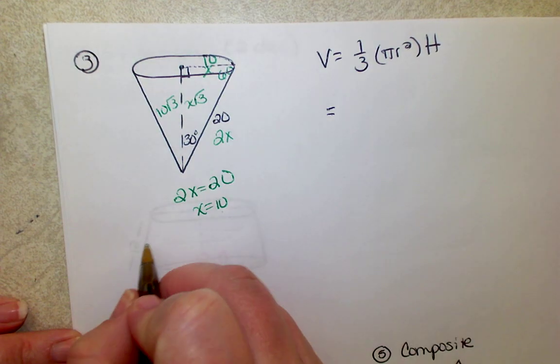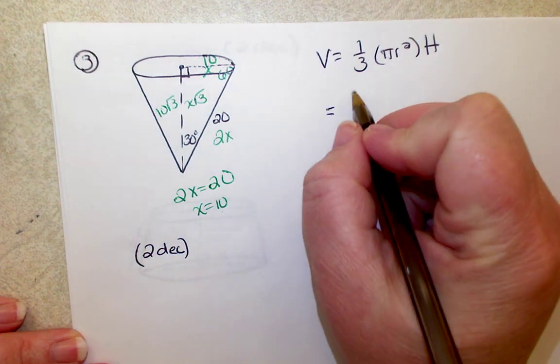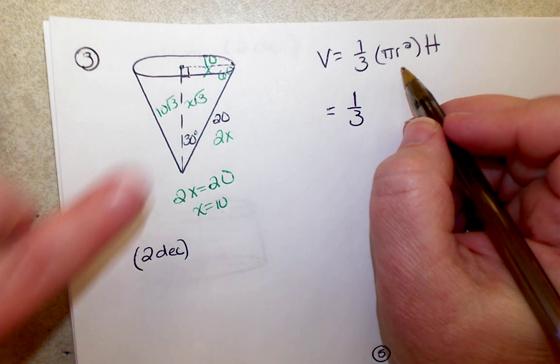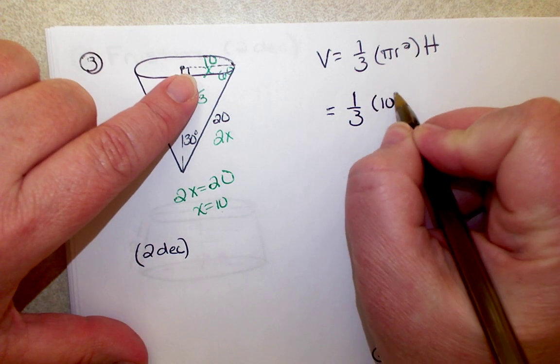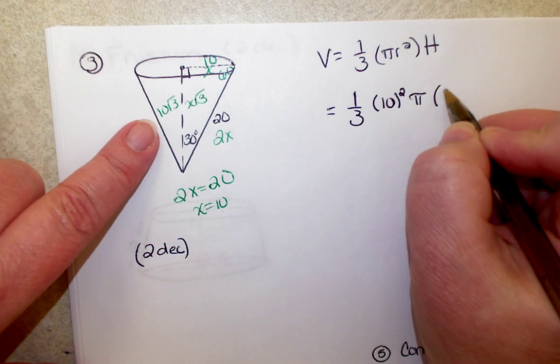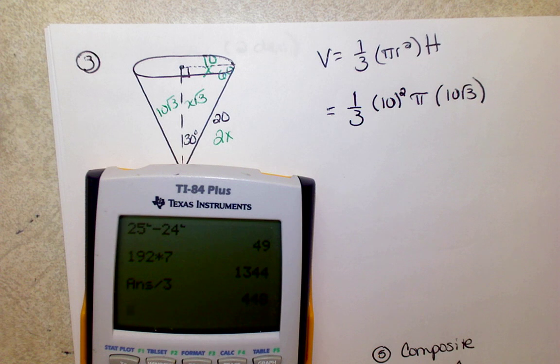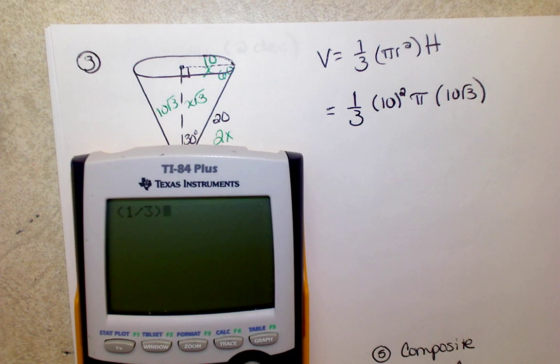And let's do 2 decimals. Let's do like some of the homework problems. All right, so we'll say 1/3 the radius of 10 squared times pi times our height of 10 times the square root of 3. So 1/3 times 100 times pi times 10 times the square root of 3.